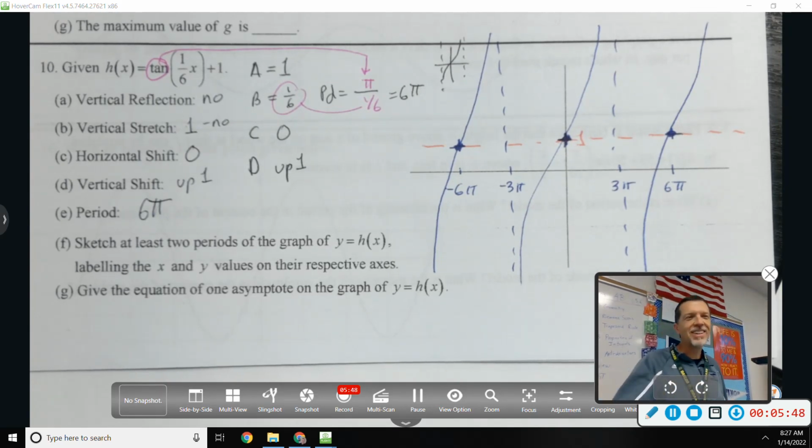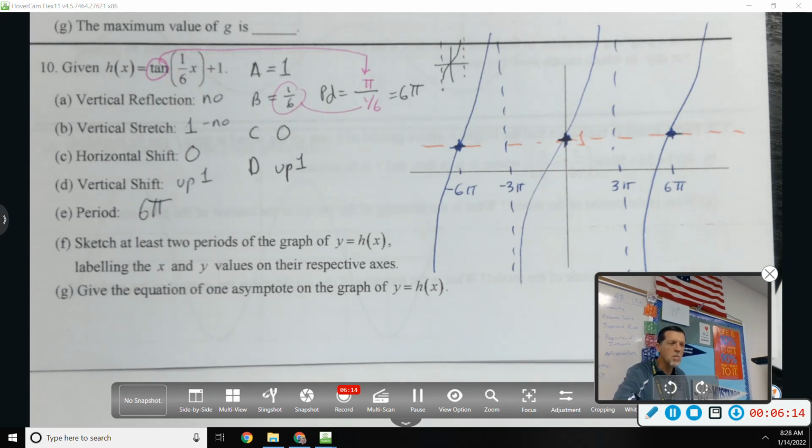But it's on me for not checking the key. So that is the graph of tangent of 1/6x plus 1. Other questions? If that was your only question and it was because the key was wrong, that's really good.